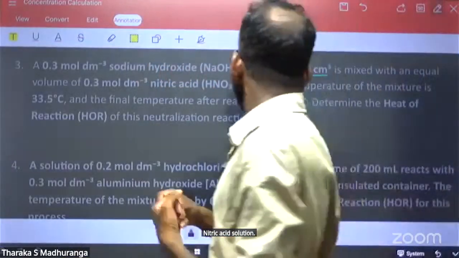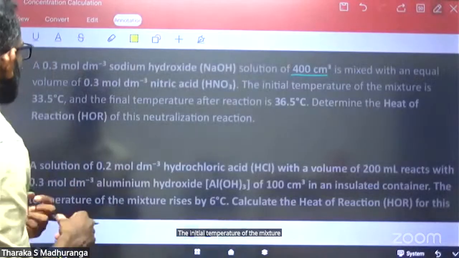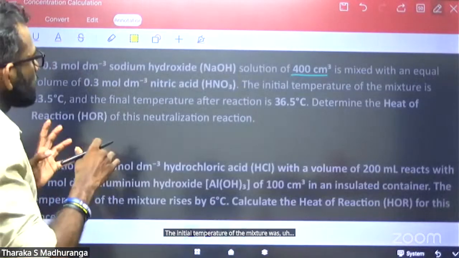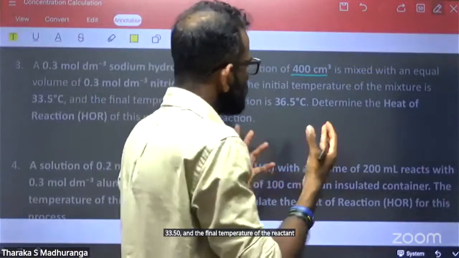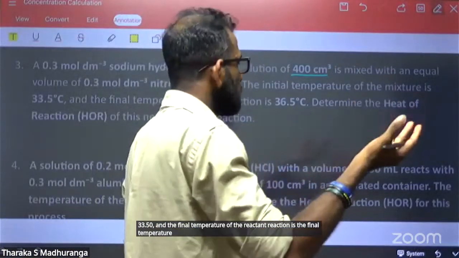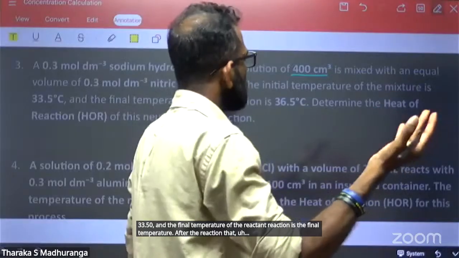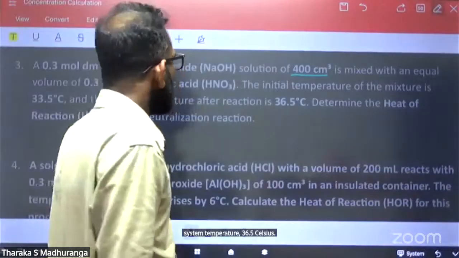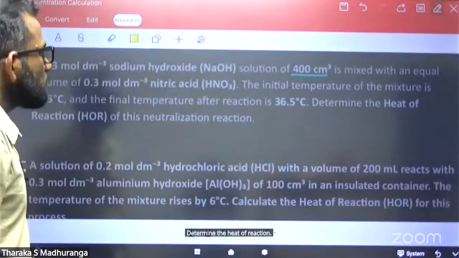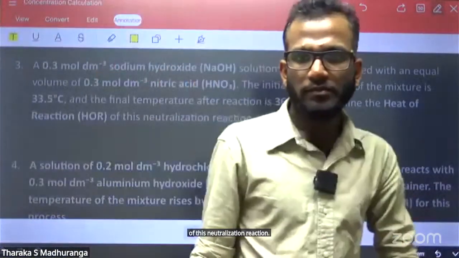The initial temperature of the mixture was 33.5 and the final temperature of the system after the reaction is 36.5 Celsius. Determine the heat of reaction of this neutralization reaction.